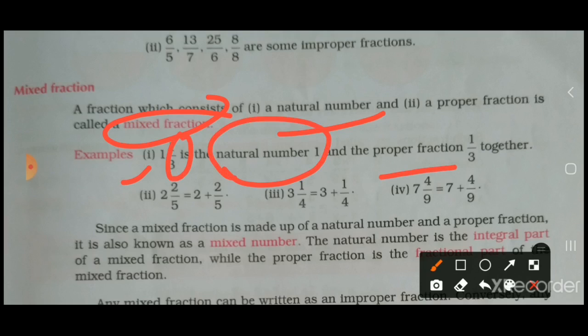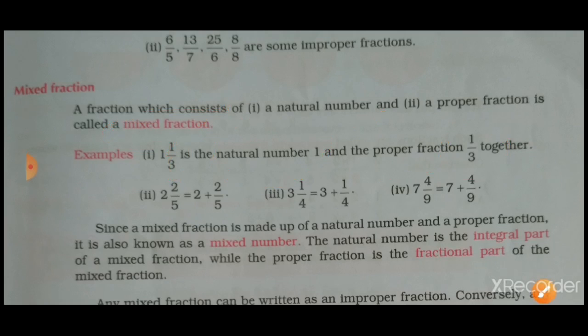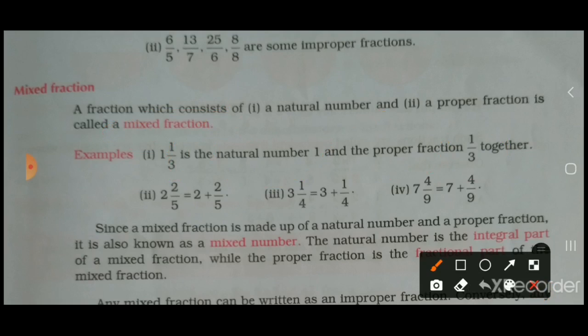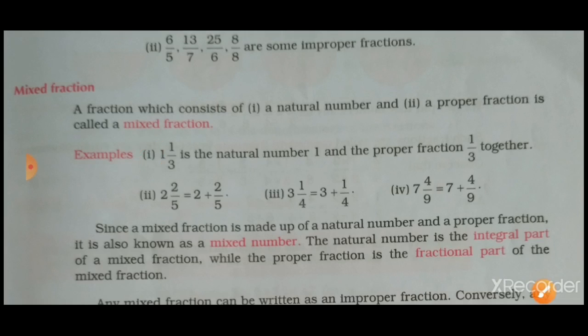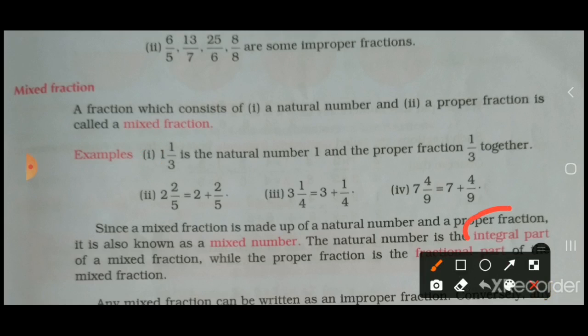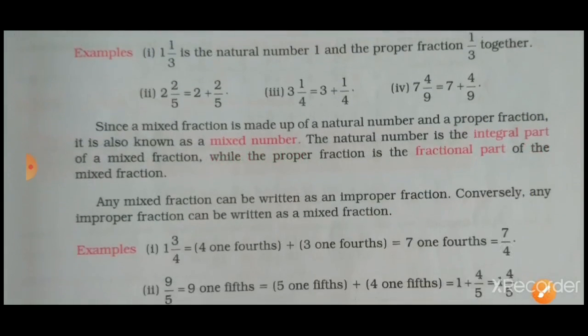Proper fraction means numerator should be less than denominator. The natural number before the fraction is called the integral part, and this 1 upon 3 is called the fractional part of a mixed fraction.